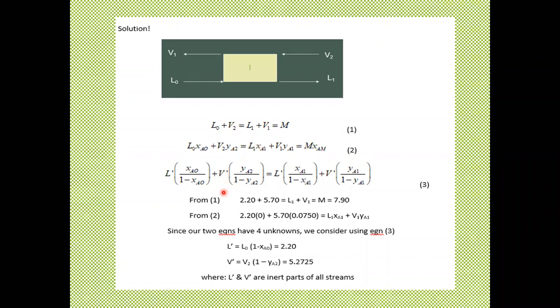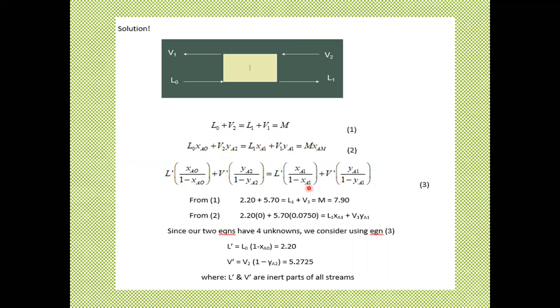The next thing is we will check whether what remains here in terms of the unknowns is workable. So XA0 is already a 0, so it's no problem anymore. Our YA2 is given. What remains is the XA1 and the YA1, because we already have the L prime. There is a need for us to have a relationship between XA1 and YA1.